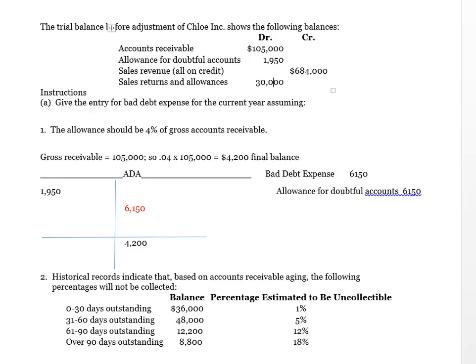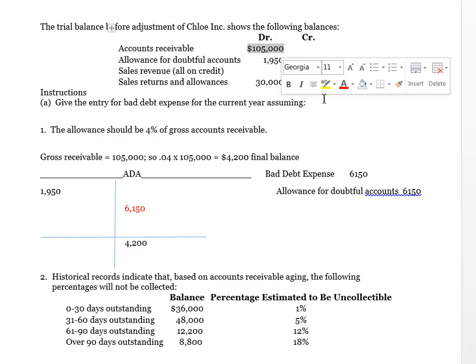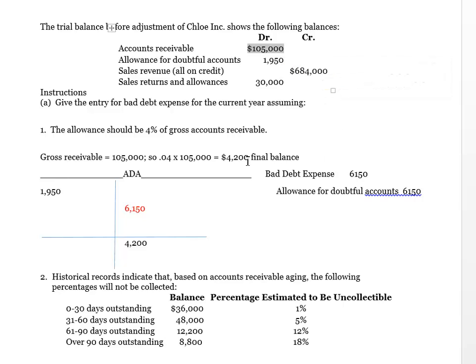So the first thing we're asked to do is give the entry for bad debt expense in each of the following independent situations. So now when they tell us that the allowance should be 4% of the gross receivable, first thing you have to remember is that the gross receivable is the amount before the allowance is deducted. So we have to take 4% of this number, $105,000.